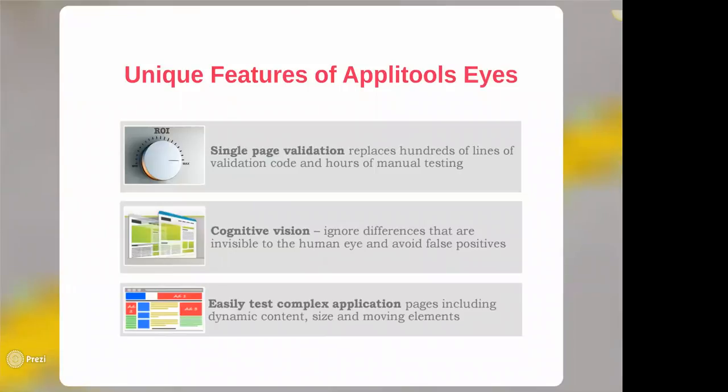Unique features of Applitools Eyes. It's a single page validation that replaces hundreds of lines of validation code and hours of manual testing. In Selenium, if there's a form page and I have to validate all the different elements in the form, first name, last name, contact number, and all of that, I could just do it with one click in Applitools.